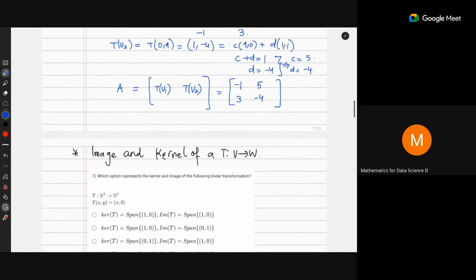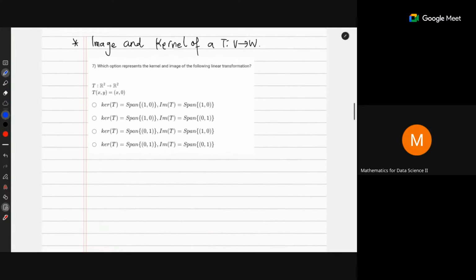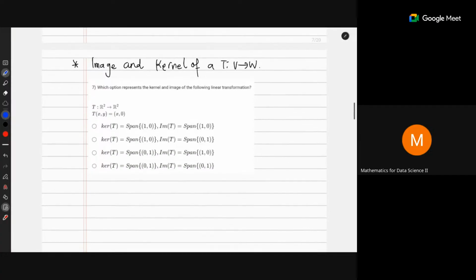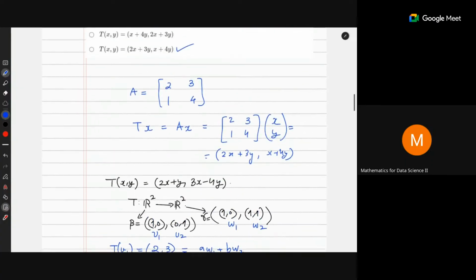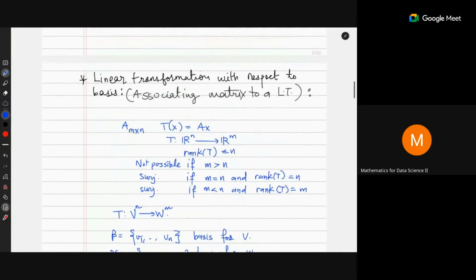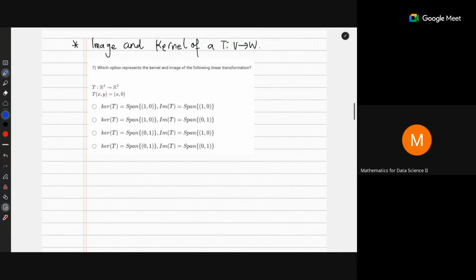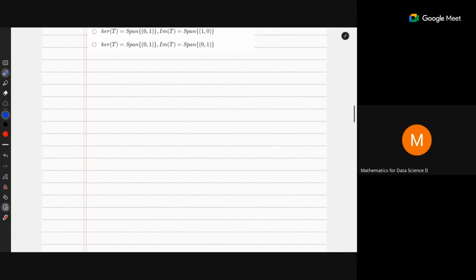Okay, all right, good. So I have already discussed images and kernel, so let's do this example. Now let's come back to the fact that, after associating a matrix, given a linear transformation from V to W, we have associated a matrix to it, which is of order m cross n.